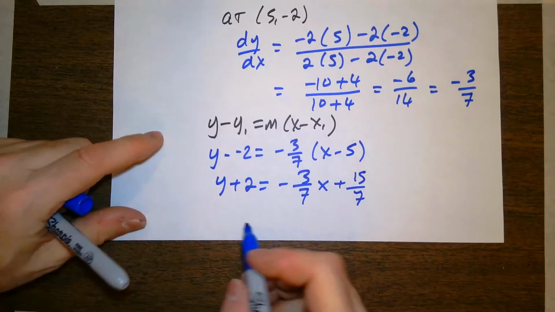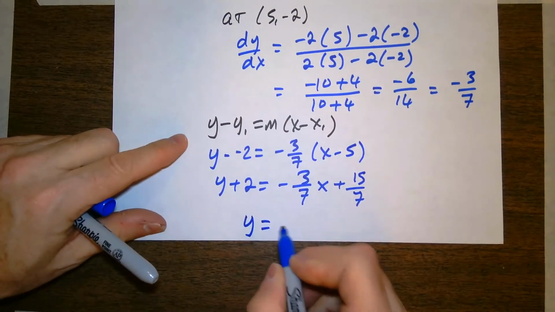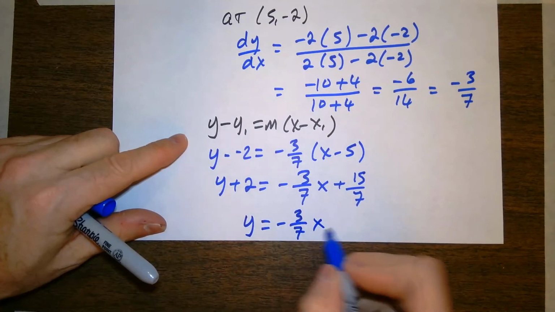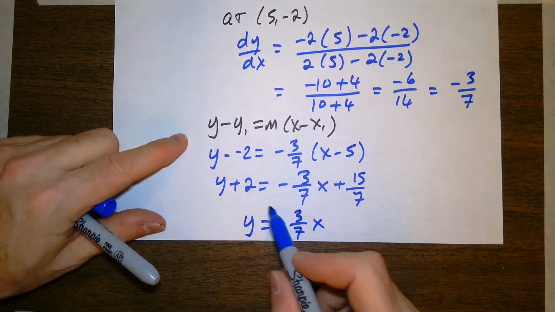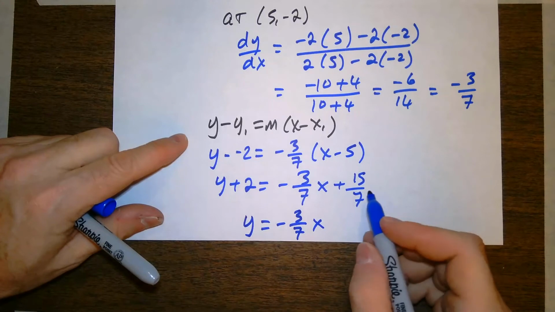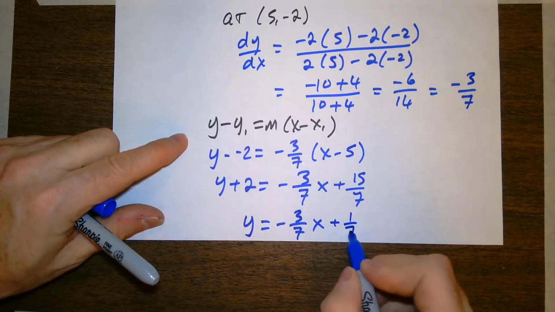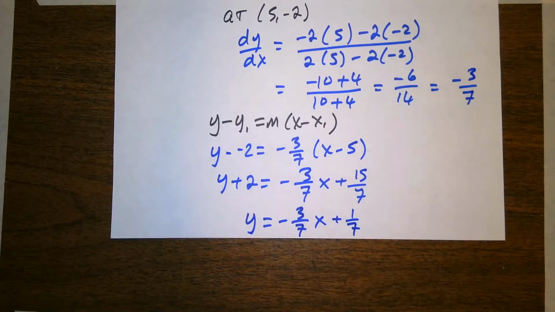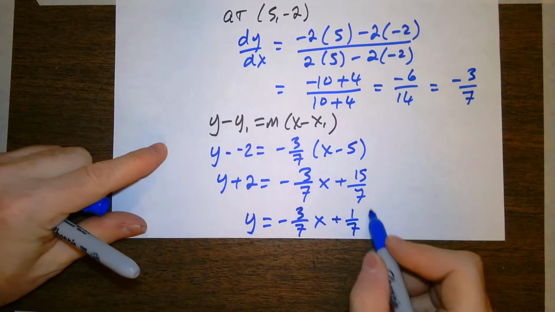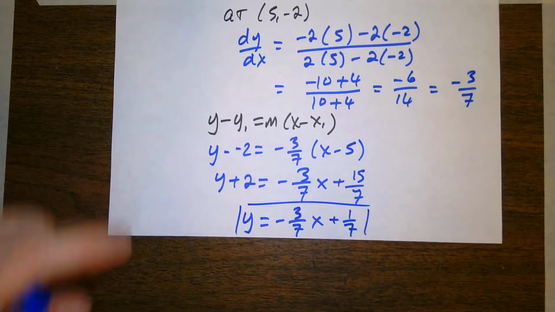Subtract 2 from both sides, and I get y equals -3/7 x plus 15/7 minus 2, which is like -14/7, so plus 1/7. All right, there it is. There's our final answer, the equation of the tangent line.